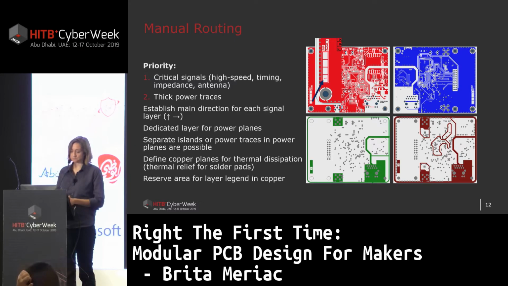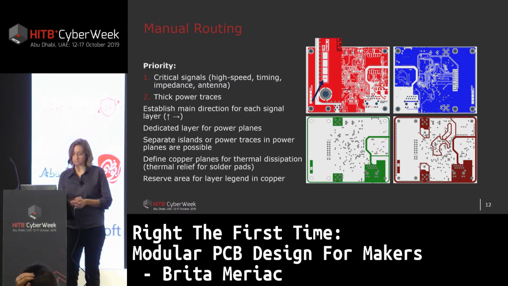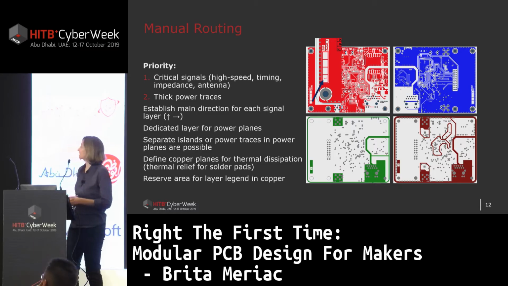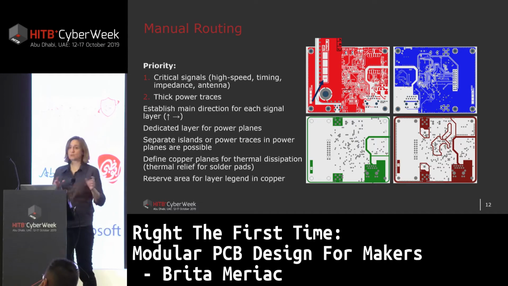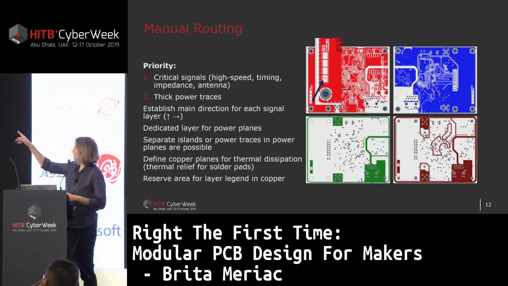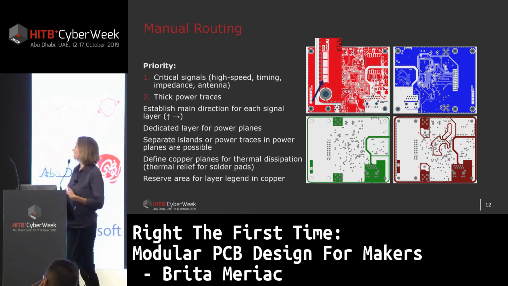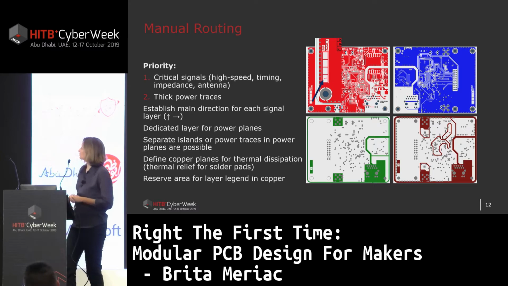And also, it sounds a bit difficult, but it helps a lot to keep one main direction of traces for each signal layer. Try to do it a bit; you can see here the red one is the top layer, blue is the bottom. So on the bottom it's more from right to left, and top is more from the vertical direction.